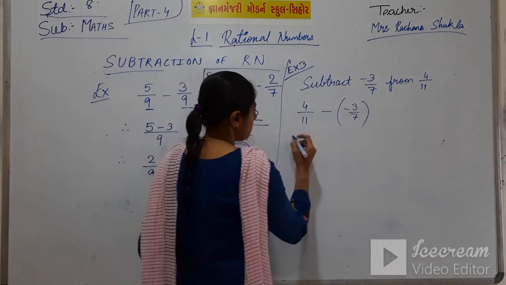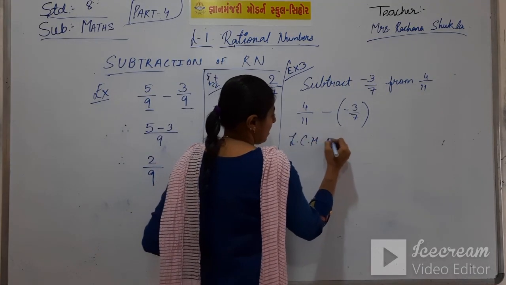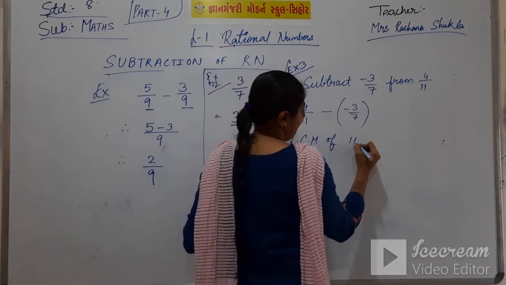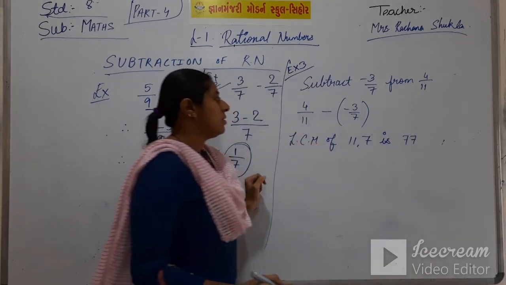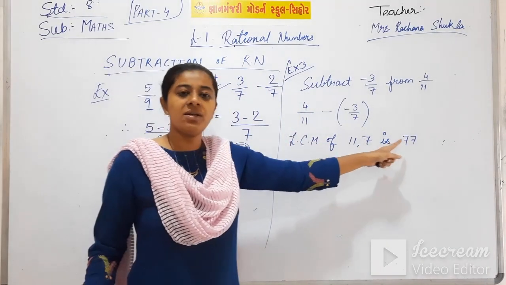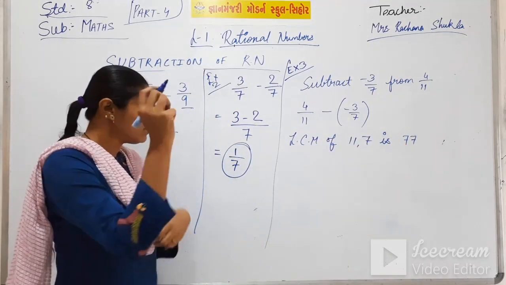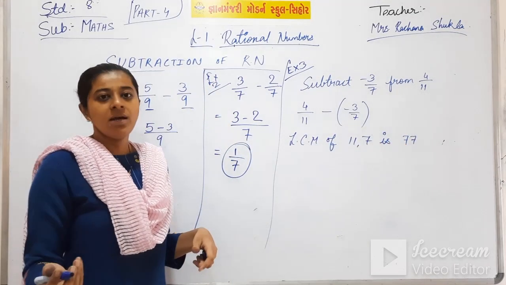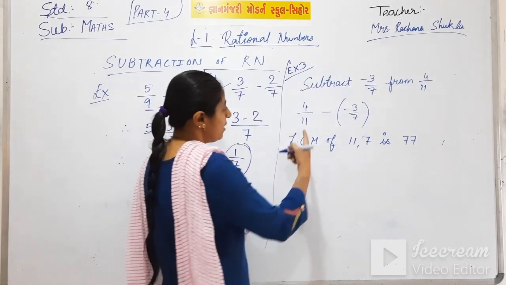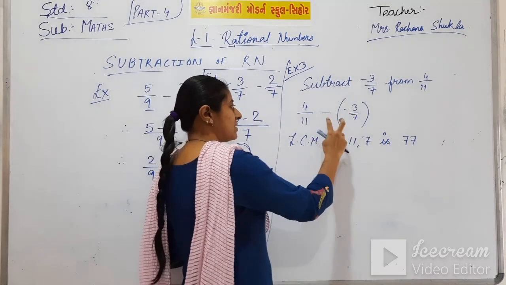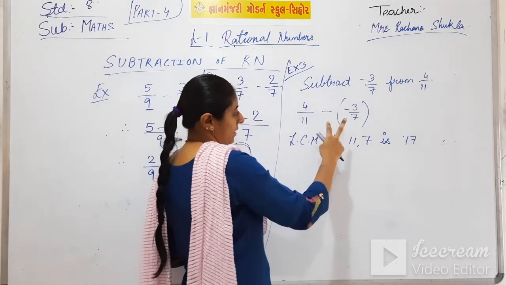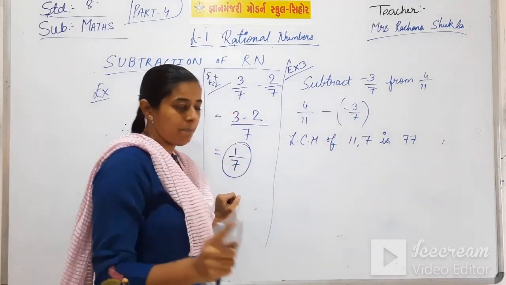So LCM of 11 and 7 is 77. The same way we did in addition, we will do here. First of all, minus minus plus. I repeat once again, if you open this bracket, minus minus will be plus.